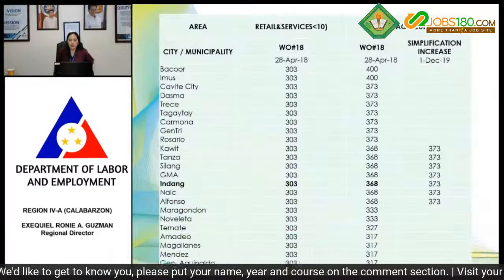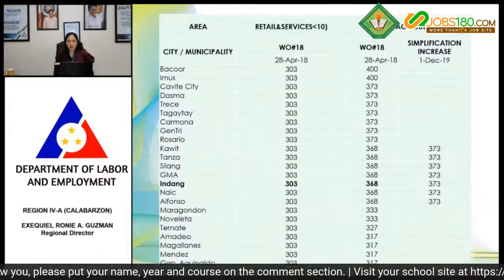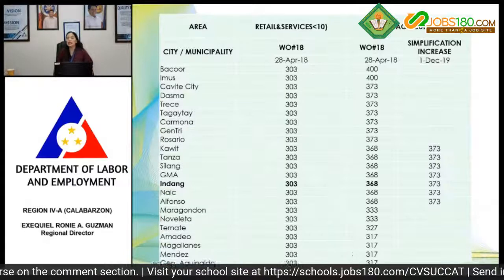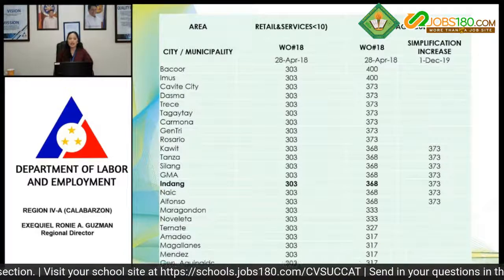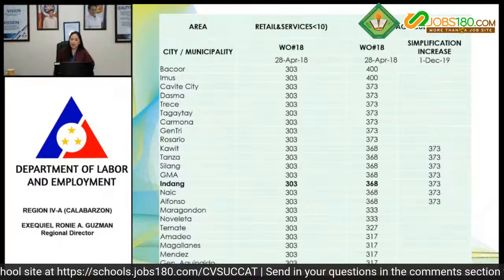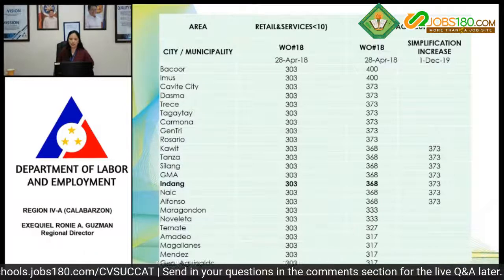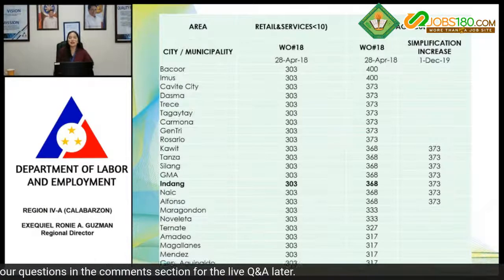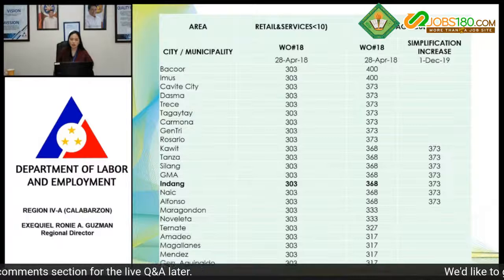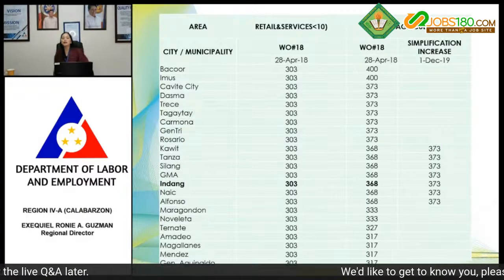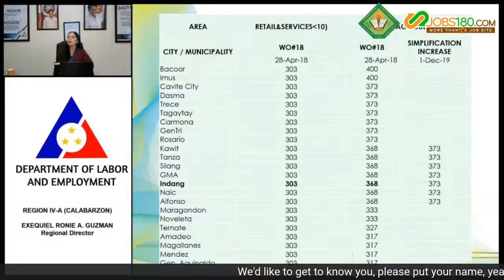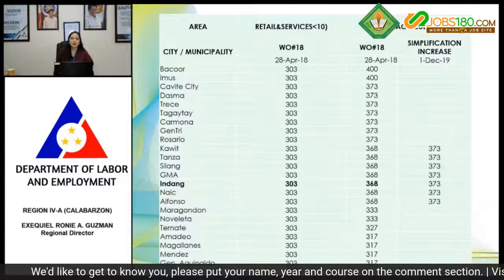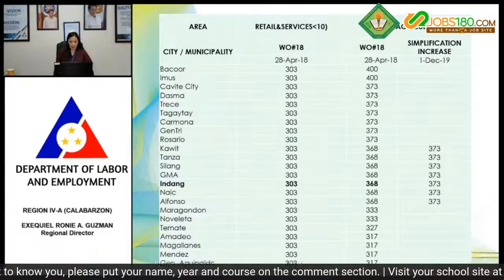Next po is the minimum wage in the province of Cavite. Based sa Wage Order number 18, series of 2018. So, for example po, si Indang, dahil tayo ay nasa Indang, noong April 28, 2018, ang minimum wage po is 303. But with the second increase noong December 2019, naging 373 na po ang minimum wage sa Indang.